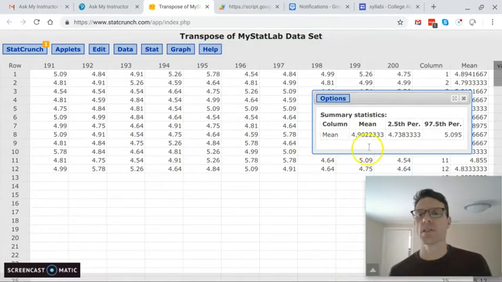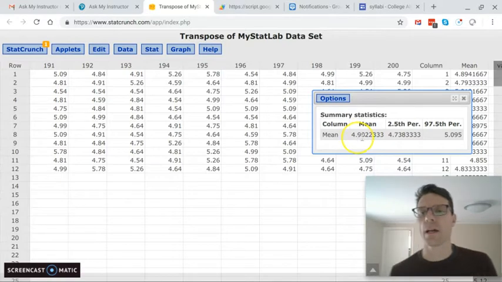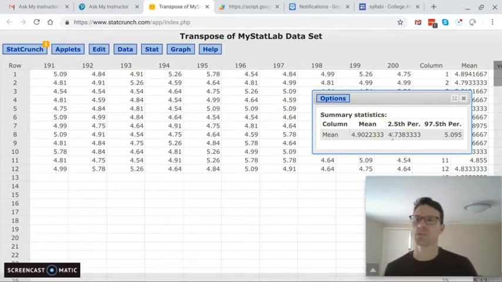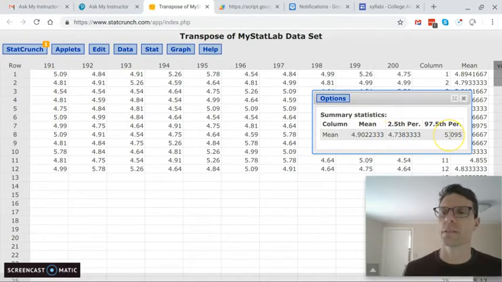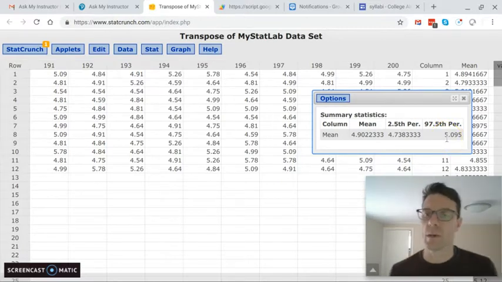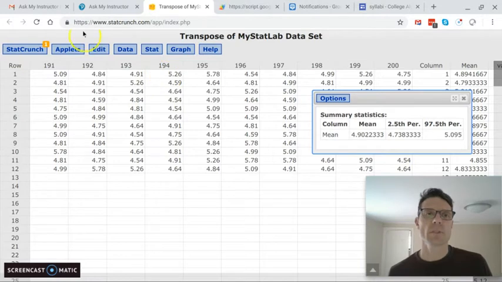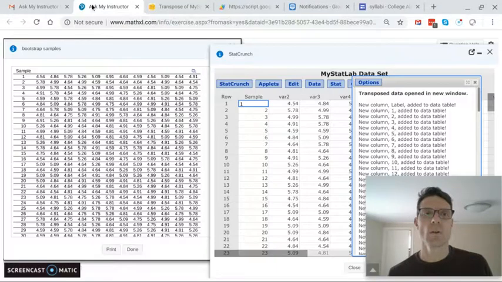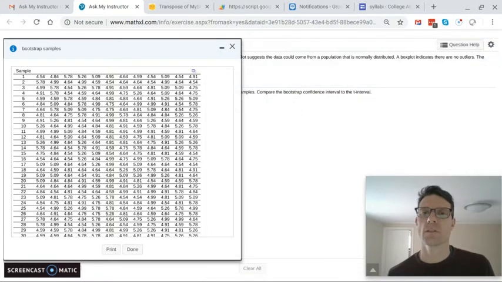Okay, so here's the mean of the means, about 4.9. And then the 2.5th percentile would be 4.74 if we're rounding to 2 places. And the 97.5th would be 5.1 if we're rounding to 2 places. So I can close all this stuff so I can answer the question.